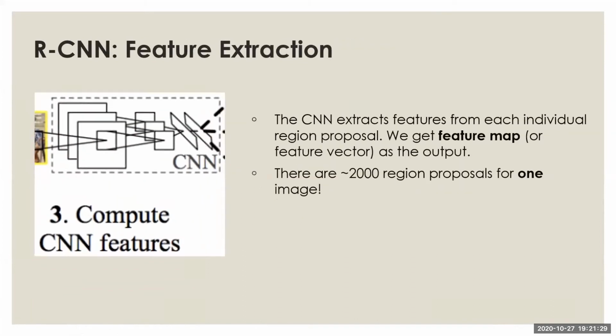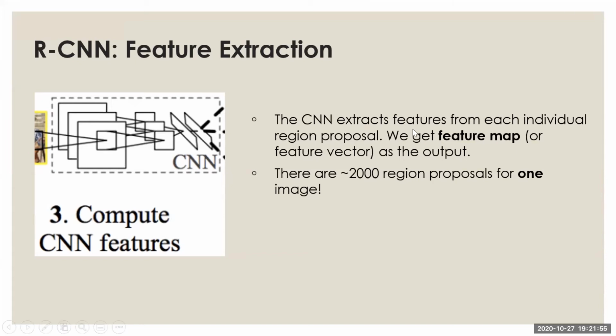After that, we can directly feed into the CNN, which will extract the features of the individual region proposal. One thing to note here is that for RCNN, since one image produces about 2,000 region proposals, for a single image you're going to run the convolution and feature extraction about 2,000 times. Yeah, so that's just how RCNN works.